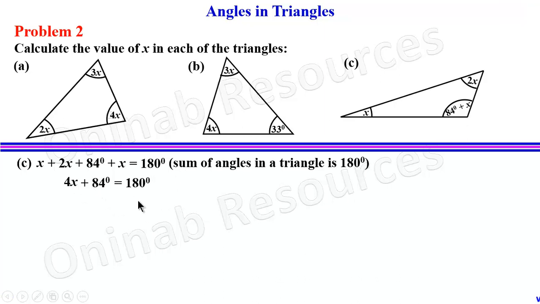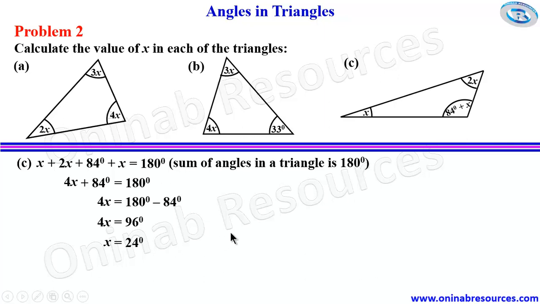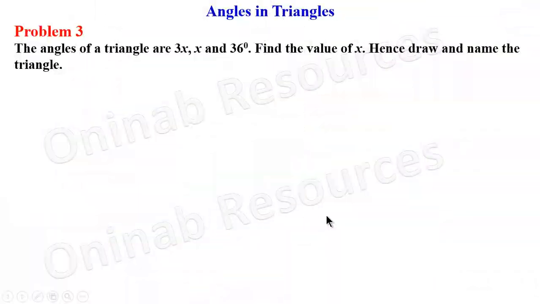Bringing this to this side, 4x is equal to 180 degrees minus 84 degrees, and 4x is equal to 96 degrees. Dividing both sides by 4, x is equal to 24 degrees. That's all for problem 2c, and this is the end of solution to problem 2. We then go to problem 3.